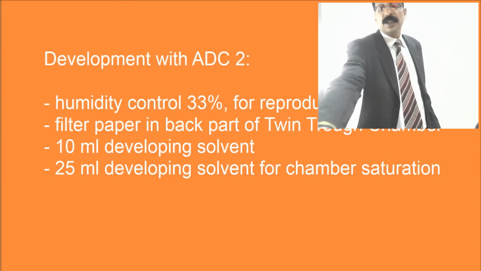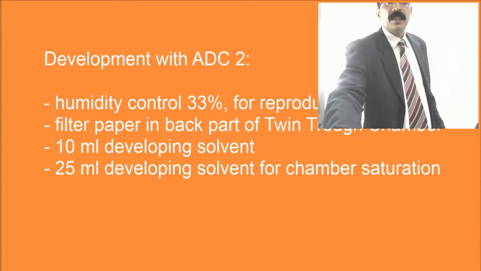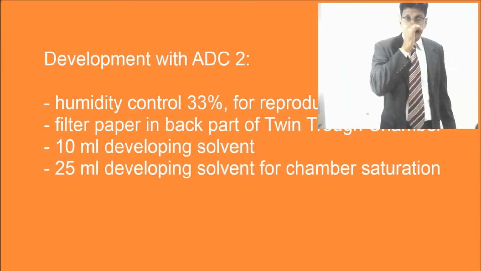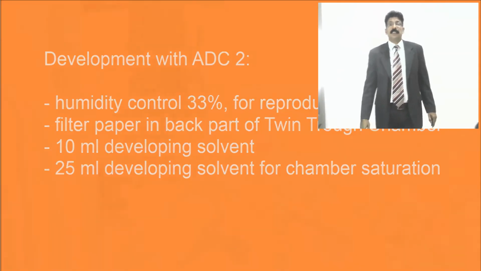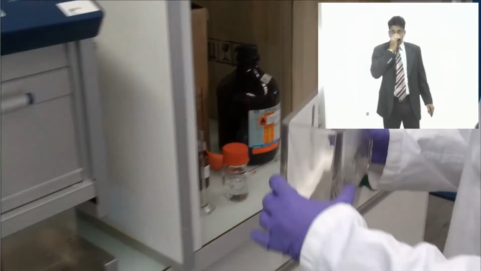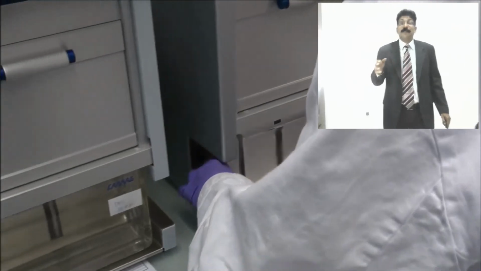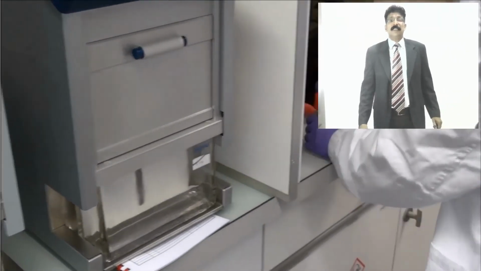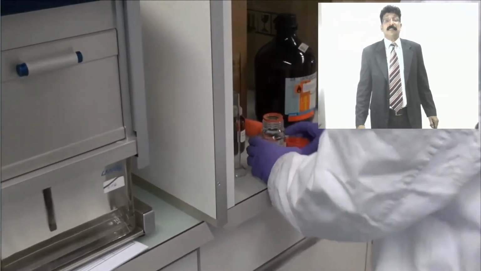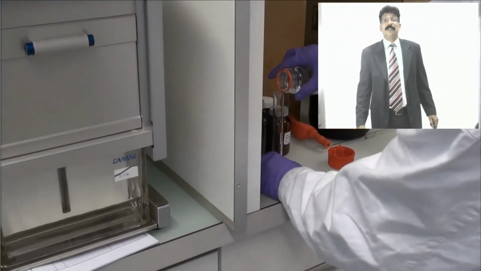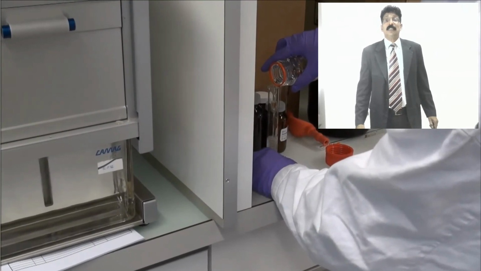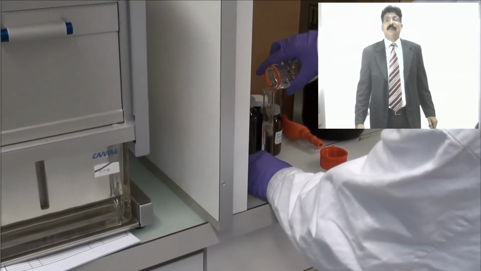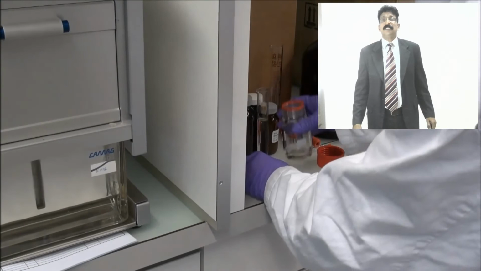So you can see here now they just start doing. She is taking it for the chamber. She is keeping it for saturation also. She has kept the filter paper behind, and you can see the plate is also kept. It is fixed. Now she is taking 25 ml of solvent system, which is kept there for saturation.